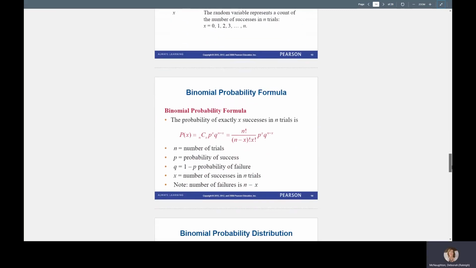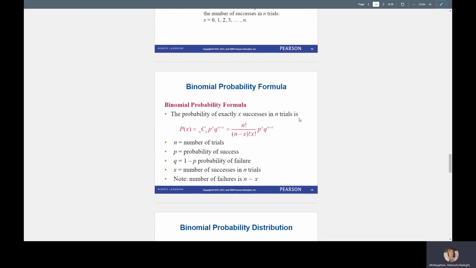Okay, so the way that we calculate the probability of getting X successes, from the last unit, is that the probability of X is N combination X, P raised to the X, Q raised to the N minus X. So let's look at the probability that we get 0 successes.